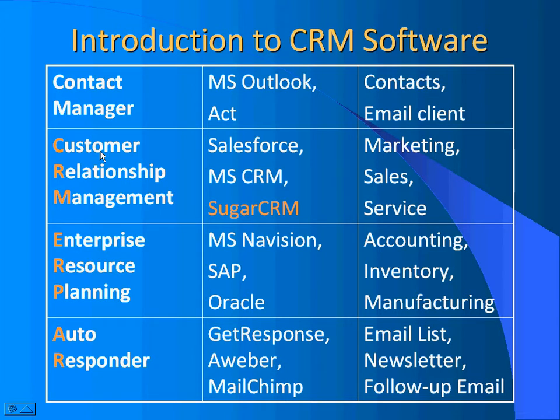Okay, the next higher level of category. Oh yeah, by the way, what this table I try to arrange it in a way is that customer relationship management actually also consists of whatever is available under Contact Manager. So inside customer relationship management software, you are able to manage your contacts and do emailing. Okay, the next category is enterprise resource planning. Software brands under this category is Microsoft, Navision, SAP, Oracle.